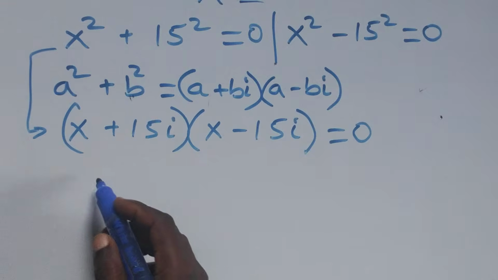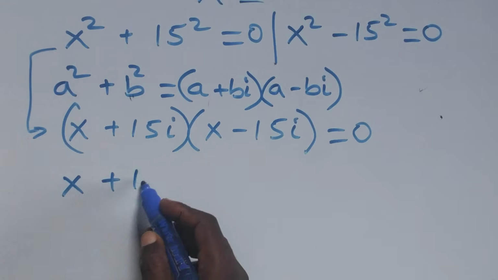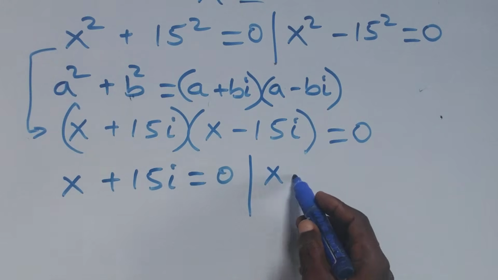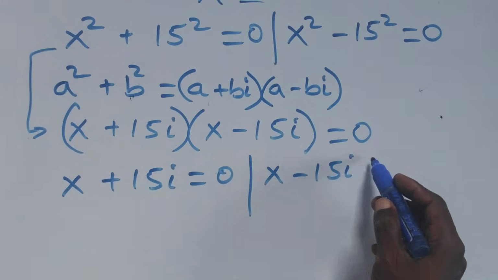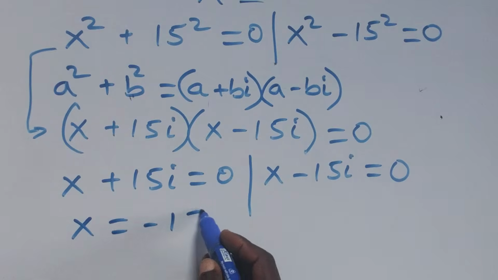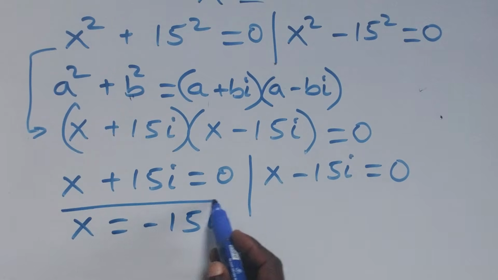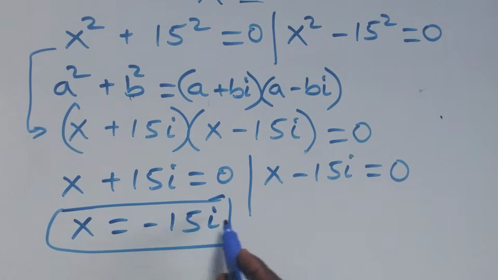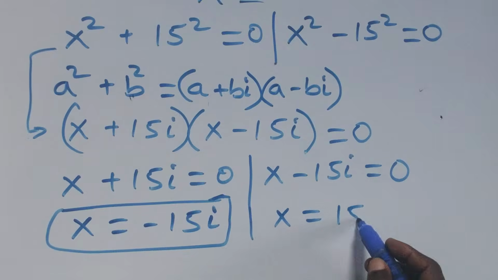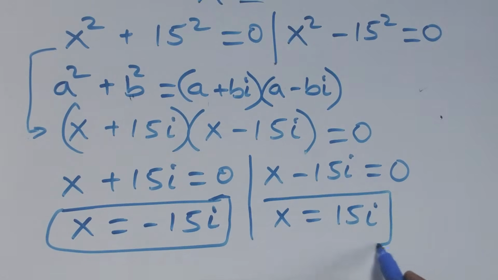Also we have two cases here: x plus 15i equals 0, or x minus 15i equals 0. Solving, we have x equals minus 15i, a complex solution, and x equals 15i, which is also a complex solution. That is, we have two complex solutions here.